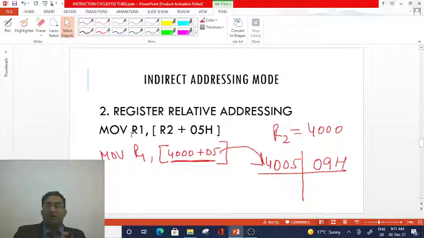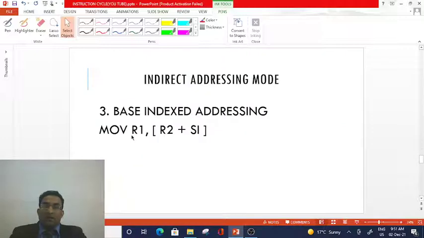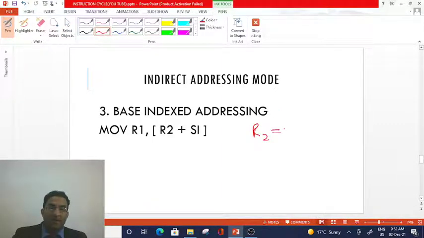Register relative means a register is there and from that particular relative location we have to start this function. Okay, now again there is a third type of indirect addressing mode, which is called base indexed addressing mode. Base indexed addressing mode means there are two registers used by the processor. R2 is having the 4000 value and there is one more register, which is called the index register, having the value 05.